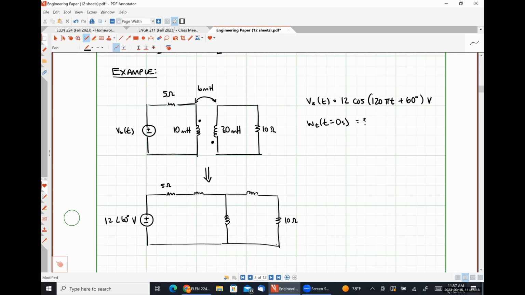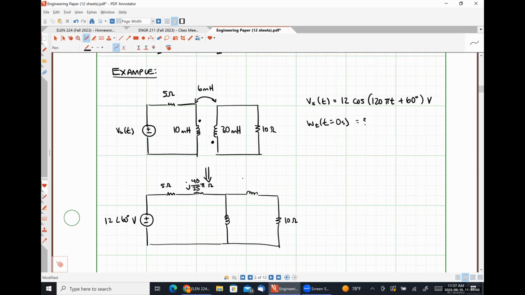Our angular frequency of 6 millihenries, 10 millihenries, and 30 millihenries respectively. We wind up getting impedances of over here.